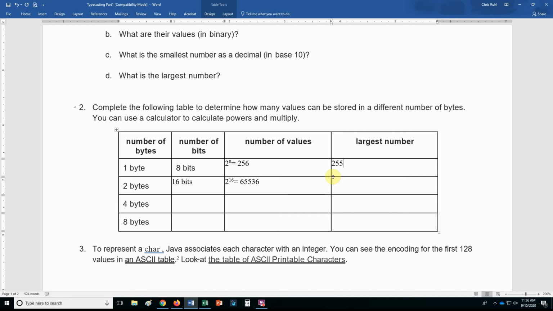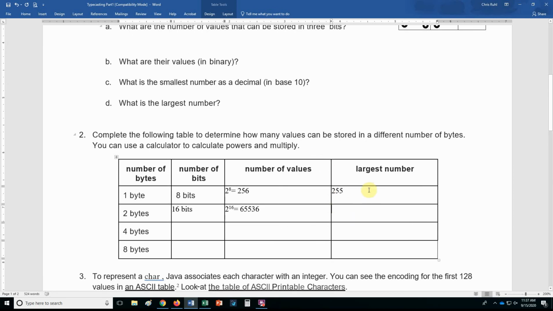That one that's different between the two is the 0. So you start counting with 0, then you go to 1. Well, that's 2 values, but the largest number is 1. So the largest number will always be 1 less than the number of values because of 0.